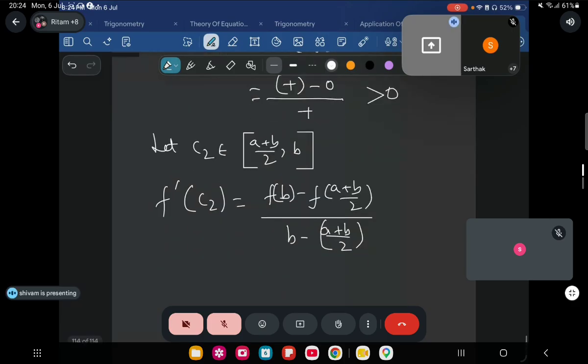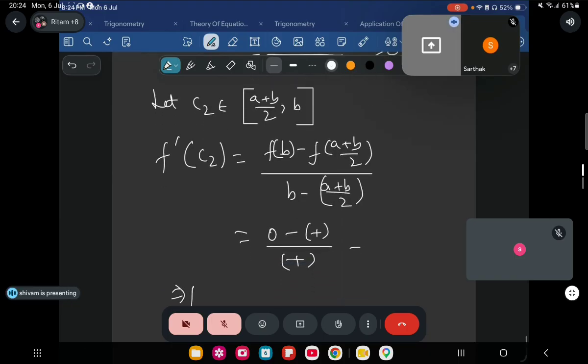Tell me, this one is positive or negative? f of b is 0, f of (a+b)/2 is something positive, denominator is positive. So this is negative, right? This implies f dash c2 is less than 0. So f dash c1 is greater than 0, f dash c2 is less than 0.